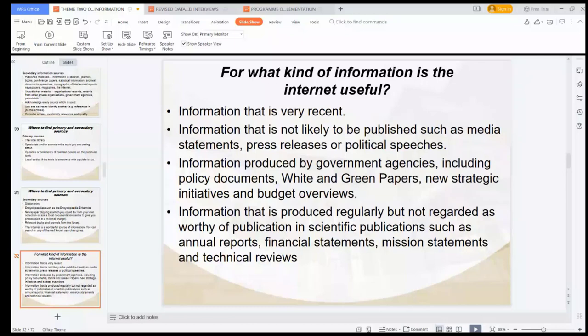And information produced by government agencies, including policy documents, white and green papers, new strategic initiatives, and budget overviews. You find that these are not published, but if you go into the web, the government websites, they've got intranet and internet.